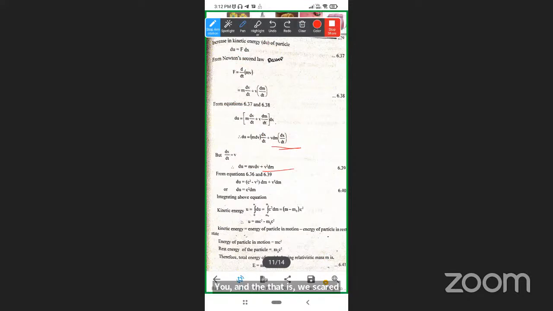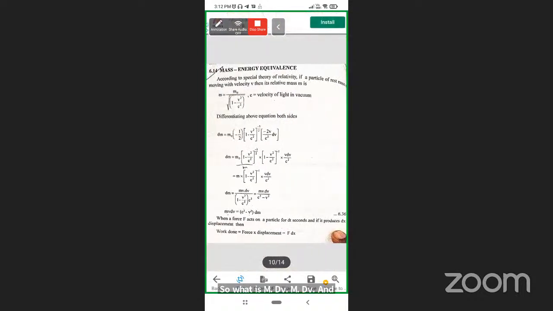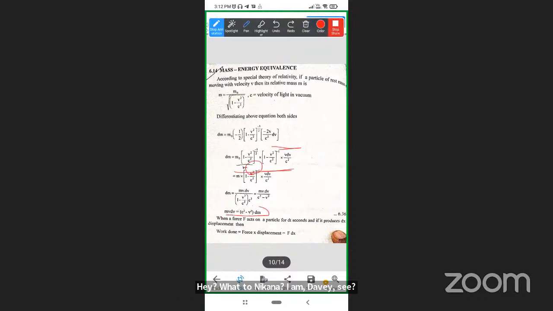So du equals mv dv plus v square into dm. What is mv dv? We already proved it at the start: mv dv is c square minus v square into dm.